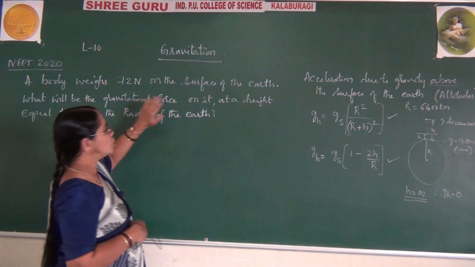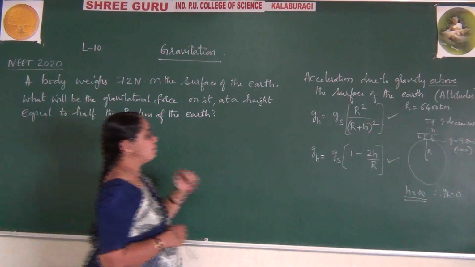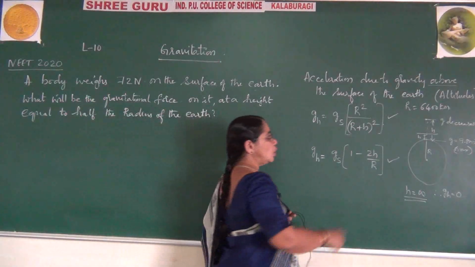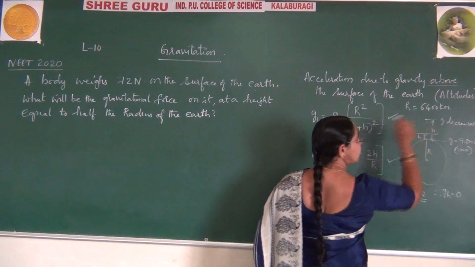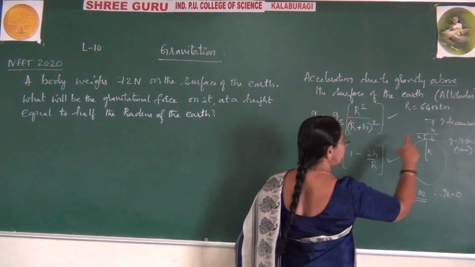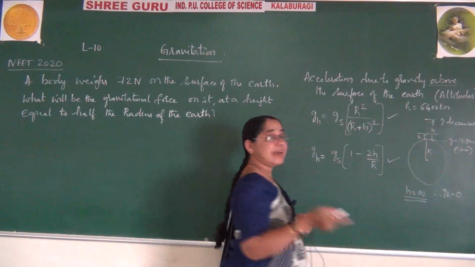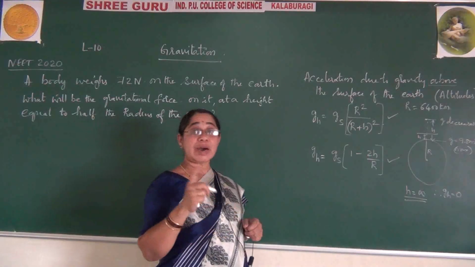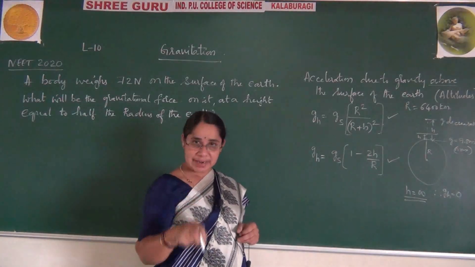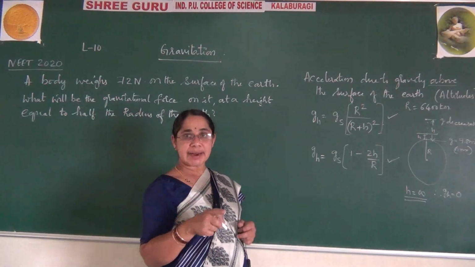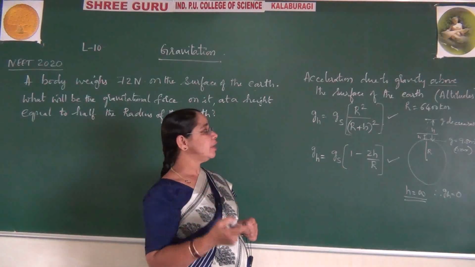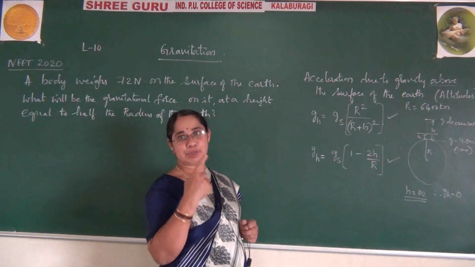What will be the gravitational force on it at a height equal to half the radius of the earth? Once they have given weight, and again they are asking you to calculate the weight at that position.